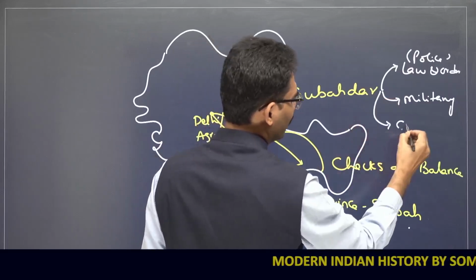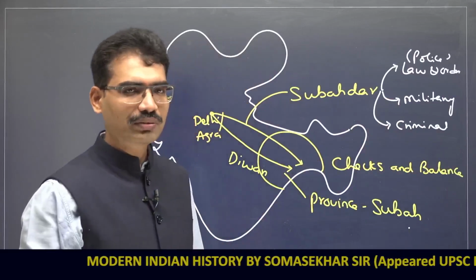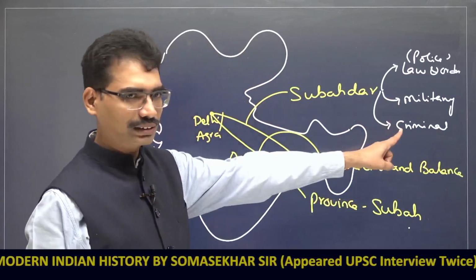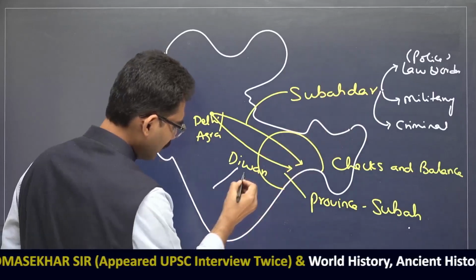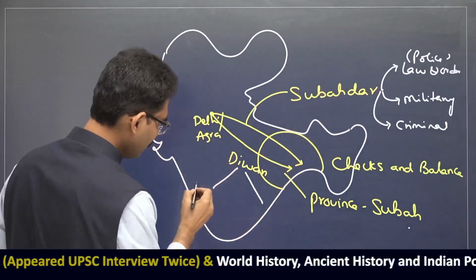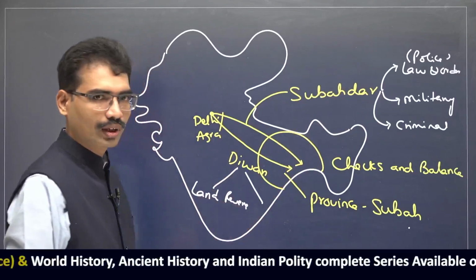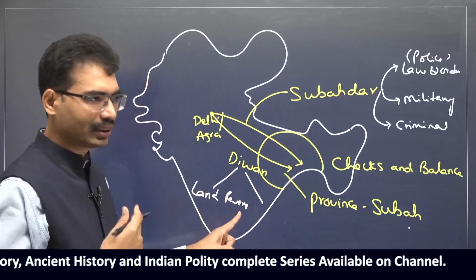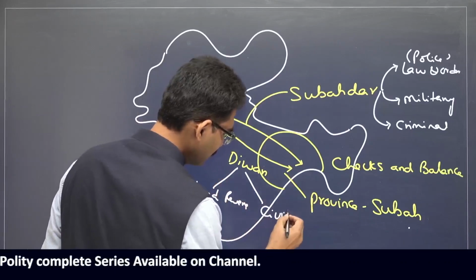Then criminal justice, punishing if someone creates disturbance. That is with respect to the Subedar. Now what about the Diwan? Diwan has two functions. One is land revenue collection, and also if there is any problem in land revenue collection, civil related cases, the Diwan will take care of civil justice.